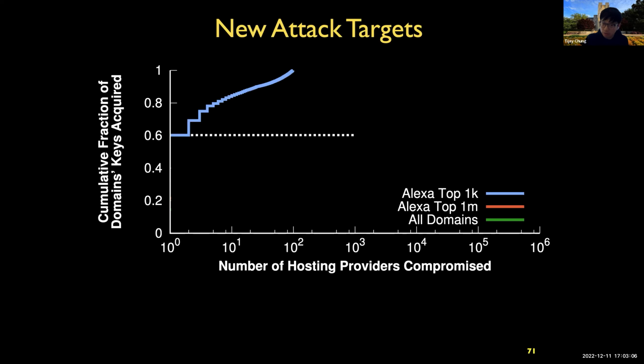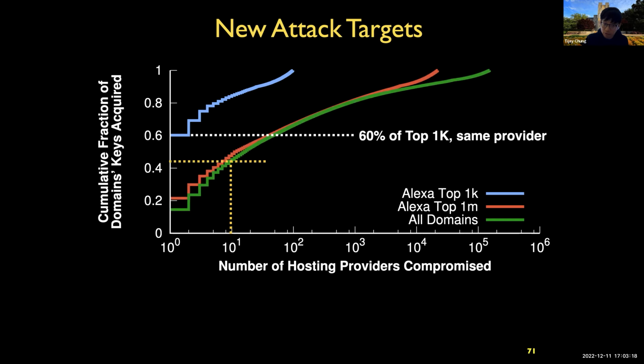If you focus on just the top 1,000 popular websites, you only need to compromise a single provider to get 60% of their private keys. If you're interested in all websites, 10 providers are enough to get 40% of all sites' private keys.